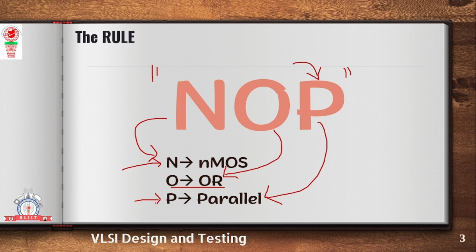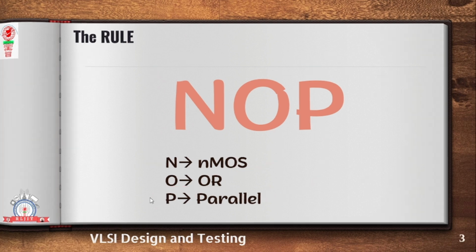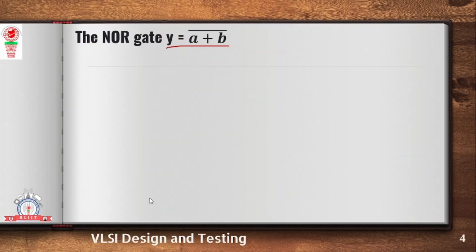Let me go to the main part, that is the circuit part. In the circuit part, I'll take the NOR equation, that is Y is equal to A plus B whole bar. So always remember the output will be the complement of the result. How many inputs are there here?